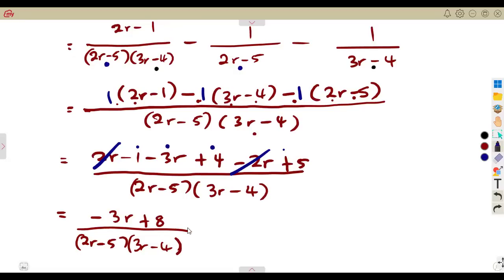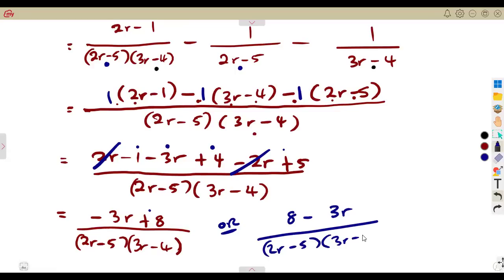You can maybe start writing this with a positive 8, like 8 minus 3r, like this, everything over 2r minus 5, 3r minus 4. That is the only thing that maybe you can do. There's nothing that you can cancel. There's nothing that is common. You are done like that.